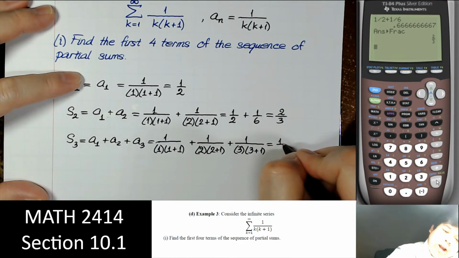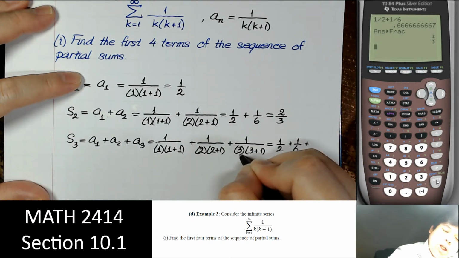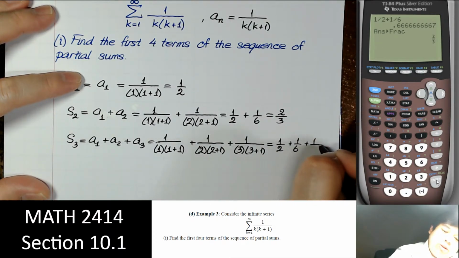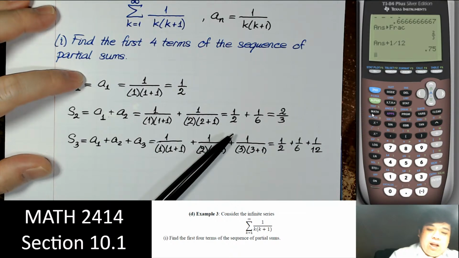So 1/2, 1/6, and 3 times 4 is 1/12. That's 3/4.